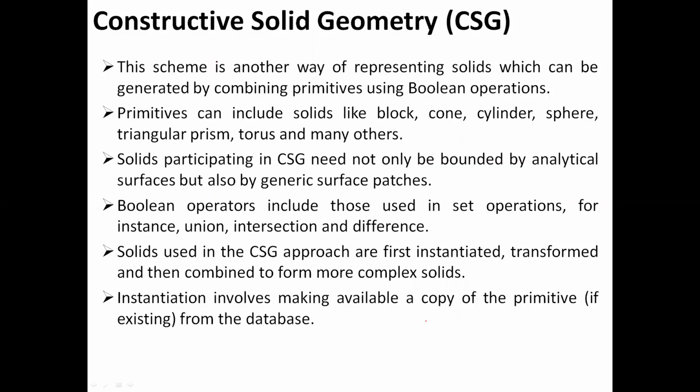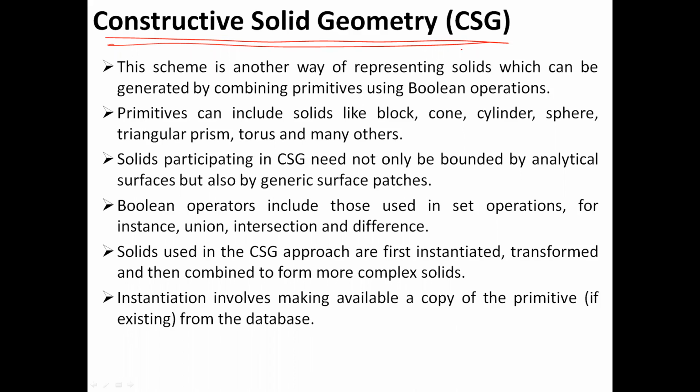And the last and the most common process that is available right now, and that is what you people generally do in your day-to-day working with solid modeling software, is what we call constructive solid geometry, or CSG. This is one of the simplest methods that is employed right now. It uses primitives, but the primitives are solid models in their own sense, that they can be created from a two-dimensional image.